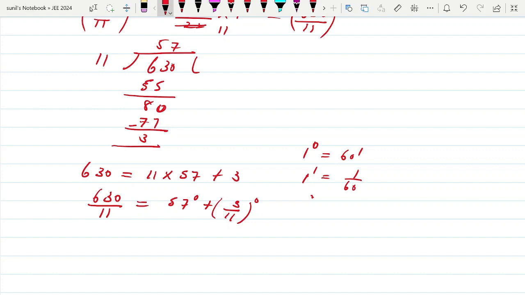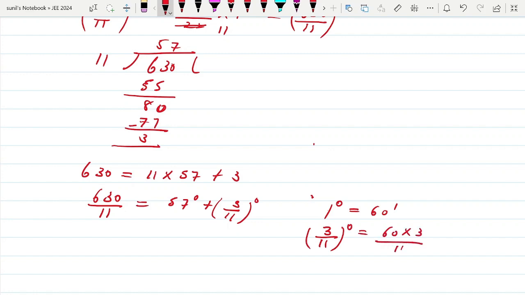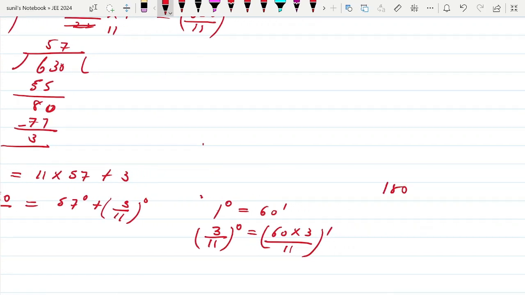Just wait, how can we convert it? 1 degree angle is equal to 60 minutes. So 3 by 11 degree will be equal to 60 into 3 by 11 minutes. This is nothing but 180 by 11. Can we divide it further? Yes.